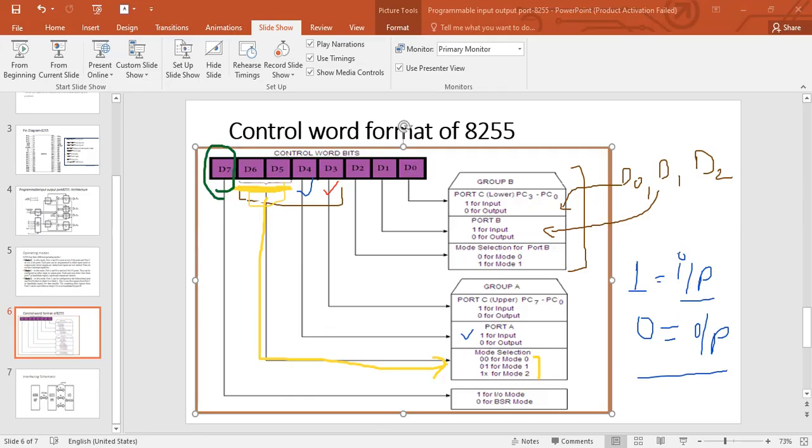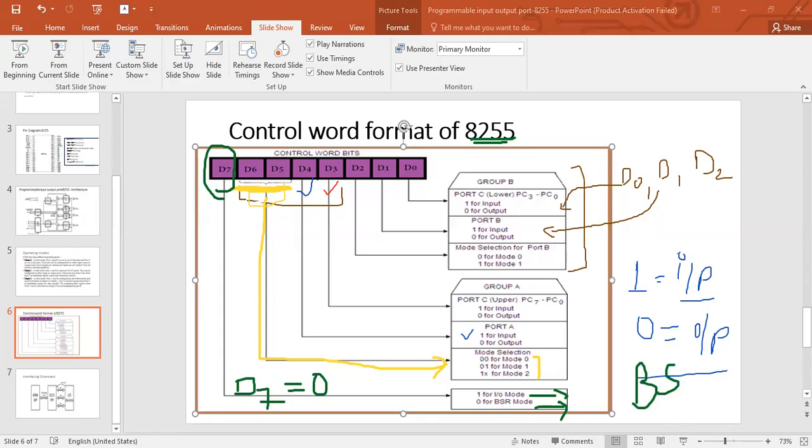The 8255 IC can work in 2 modes, that is input-output mode or BSR mode. If the value of the D7 bit is 0, then this 8255 IC will work in BSR mode.